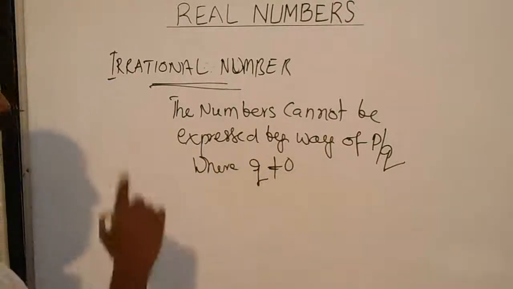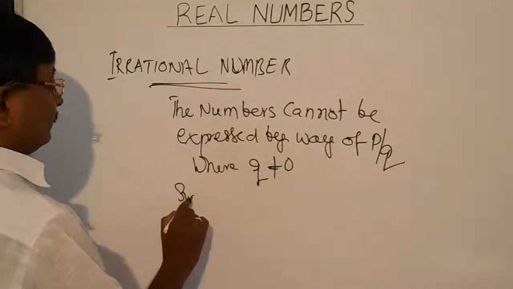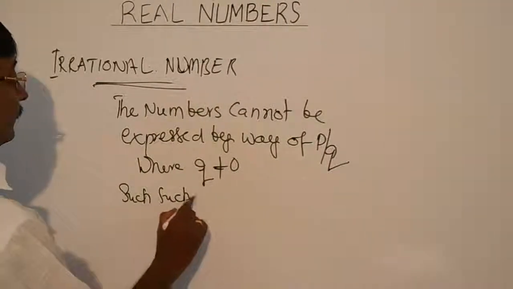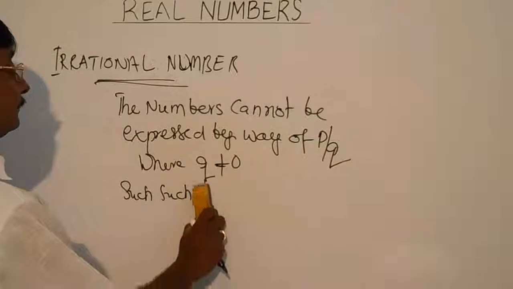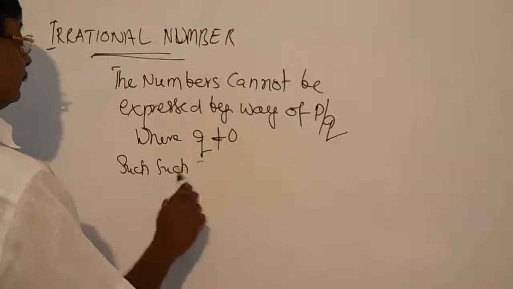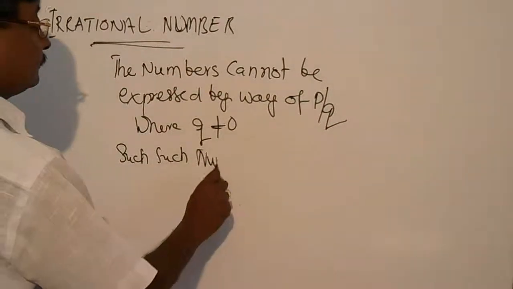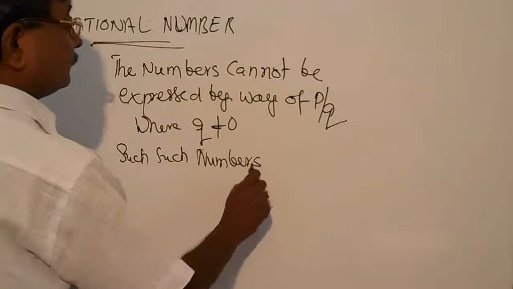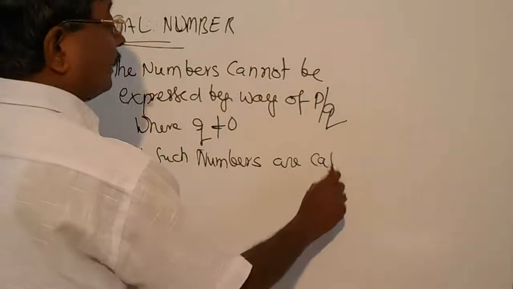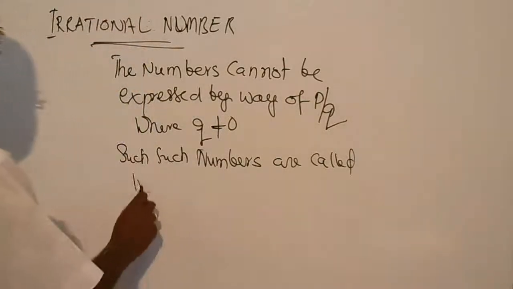Then such numbers are called irrational numbers.